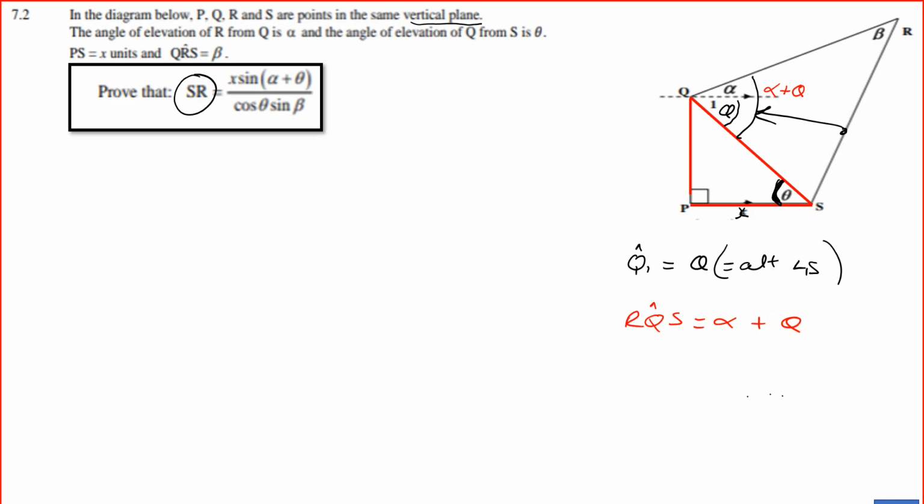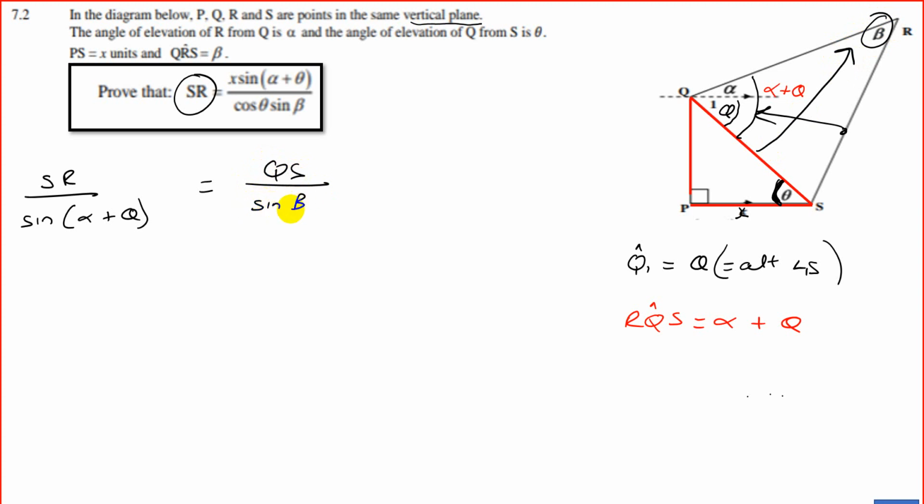To carry on with my sine rule, I'm going to say SR over sine of (alpha plus theta) is equal to QS over sine of beta. I'm using QS because I have beta, and QS is a common side. Now, to solve my problem, if I find QS, that would make life very easy for me.